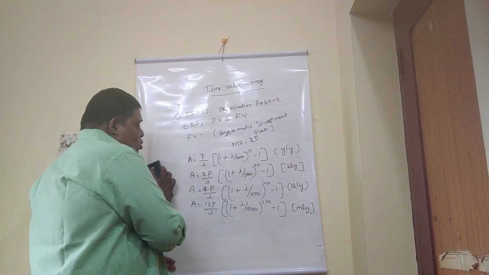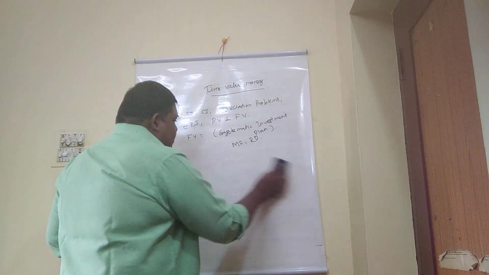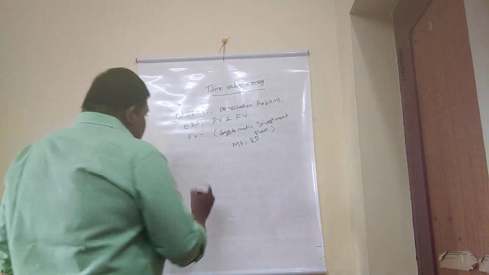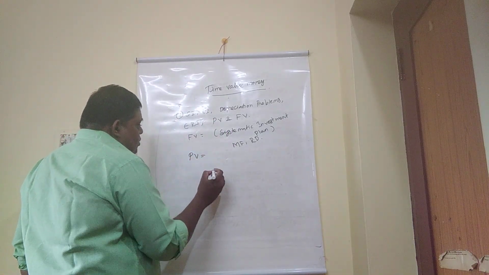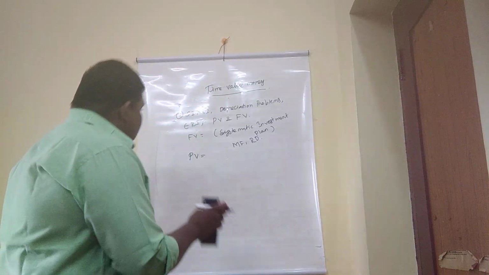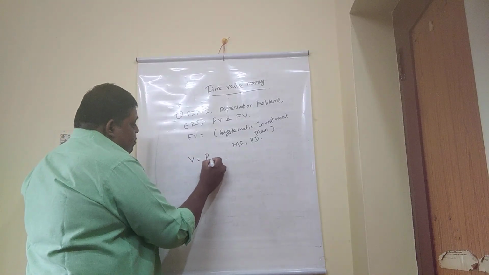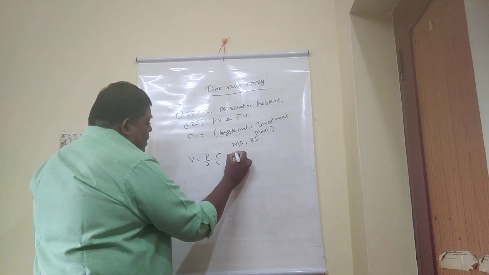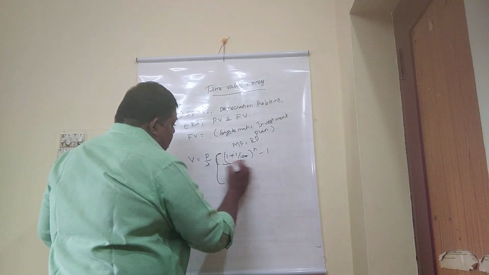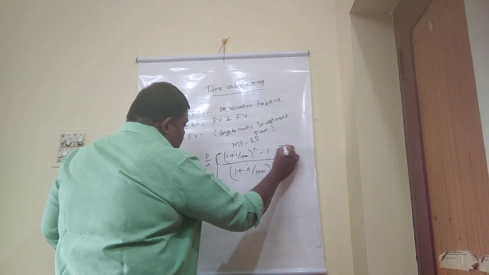Okay. So can I have the board? Now present value formula is: V is equal to P divided by I into (1 plus I divided by 100) whole to the power n minus 1, divided by (1 plus I divided by 100) whole to the power n.